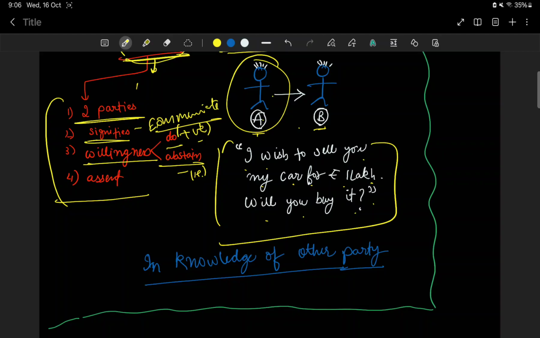Otherwise किसी को कोई क्यों बोलेगा? If I say to you that I want to sell my car to you, will you buy it? That is because I want you to agree. What do I actually want? I am hoping that you will agree to buy my car for the quoted price, right? So that is what is meant by the definition.